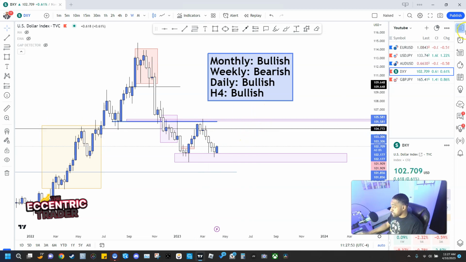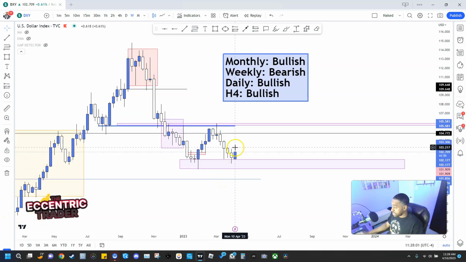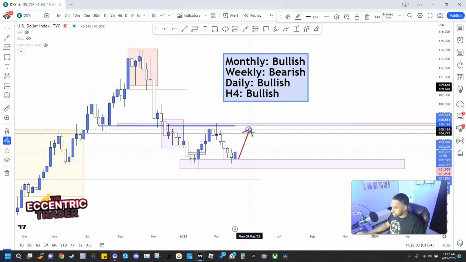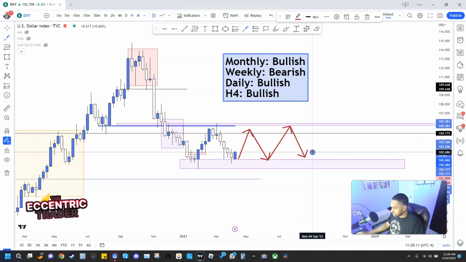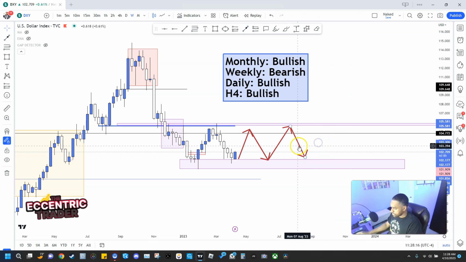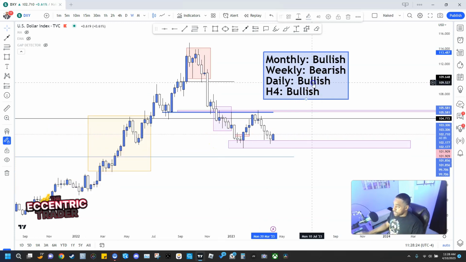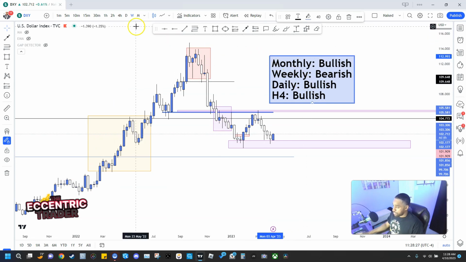So I think it's safe to say that price could come into some sort of consolidation zone. But we'll just have to wait and see. But it looks like it could. All right, so weekly is bearish, right? Let's go to the daily.